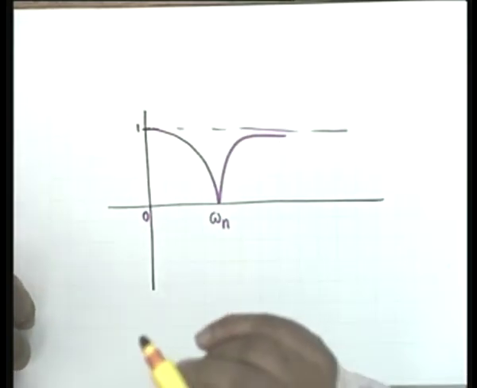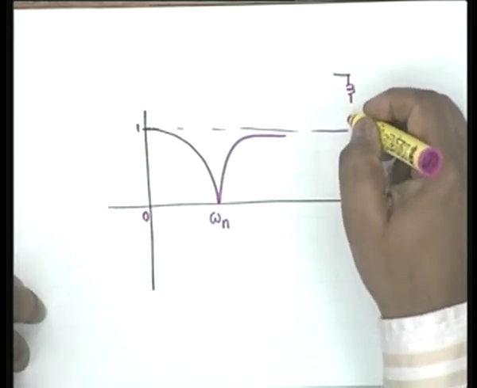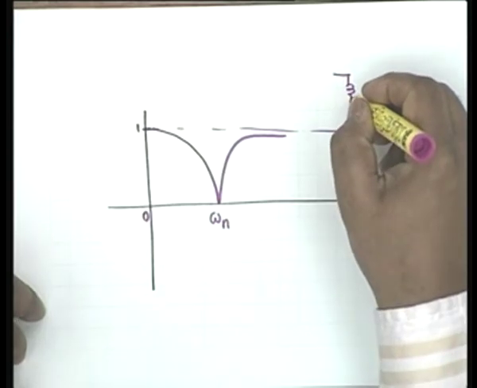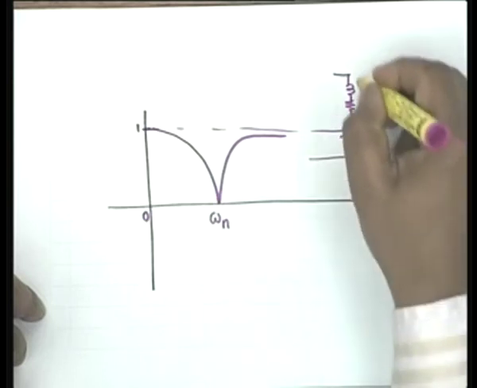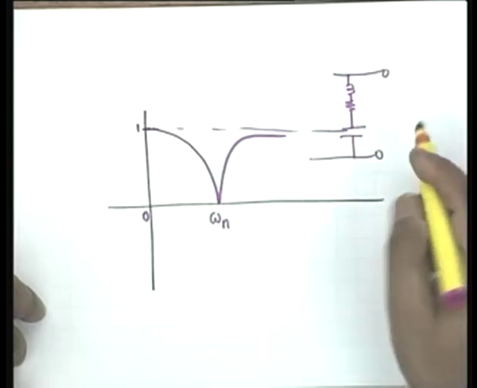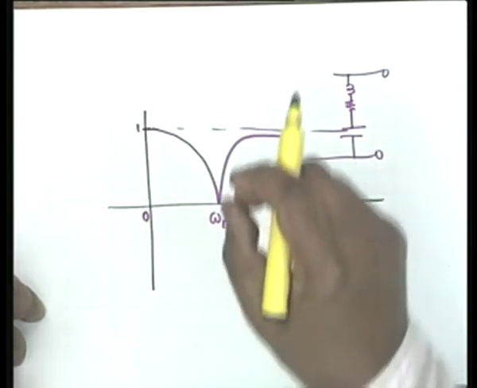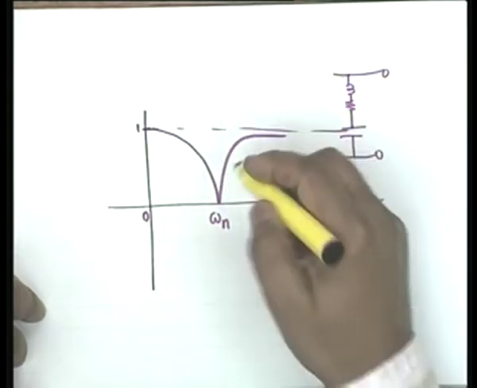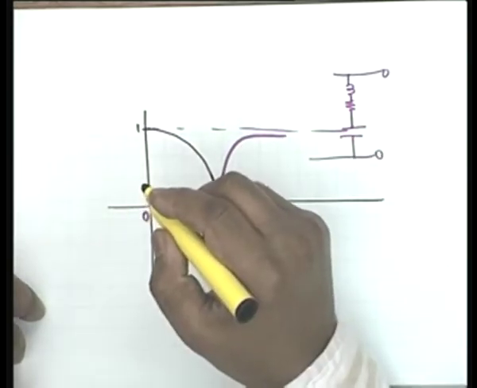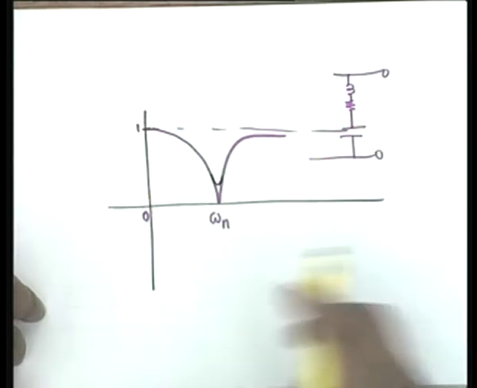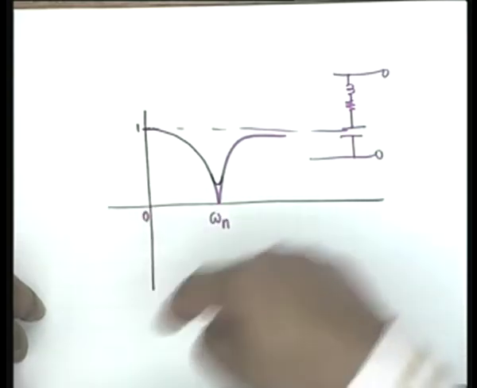However, let me point out, if your output was taken across a real inductor which has a small resistance in series and a real capacitor, if the output was taken across this, then what would have happened is this sharp dip to 0 would have rounded off like this. Then it is differentiable. Okay? And there would not be a discontinuity in the phase. Phase would also be smooth.